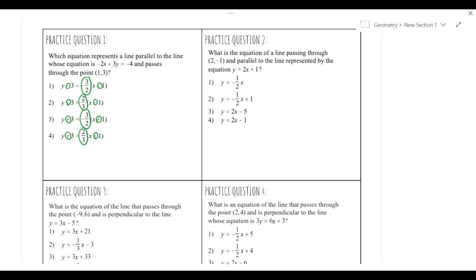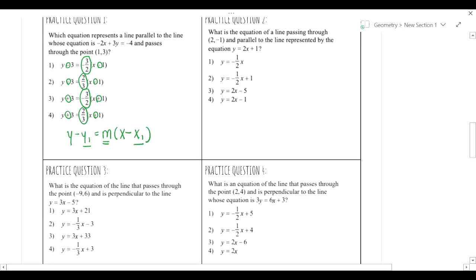Okay. And so if you guys remember, our point-slope form is y - y1 = m(x - x1), and the m stands for our slope, and the y1 and x1 stand for our y and x values. So what we want to do is basically plug in the x and y values.